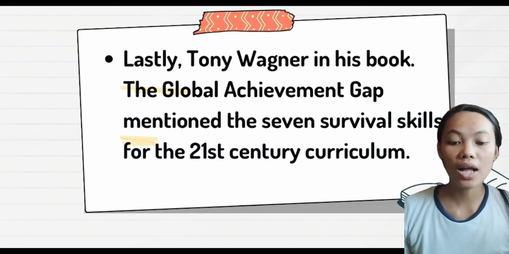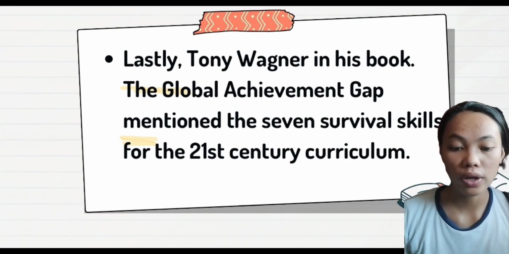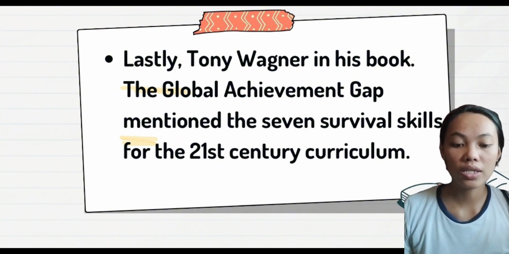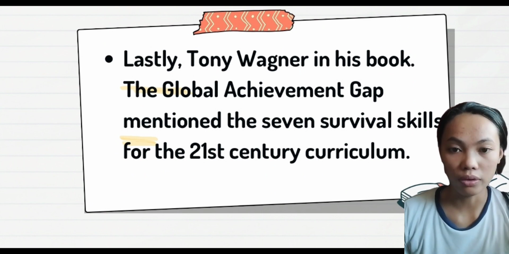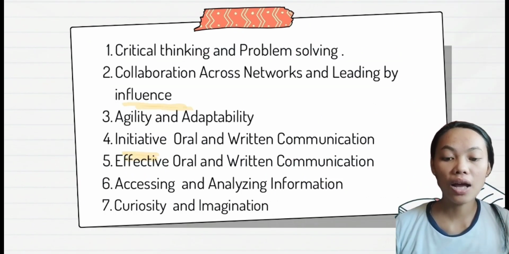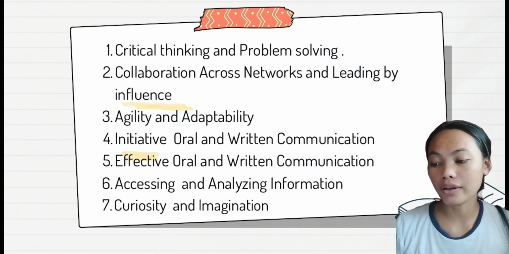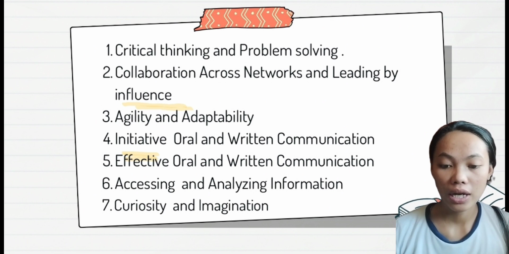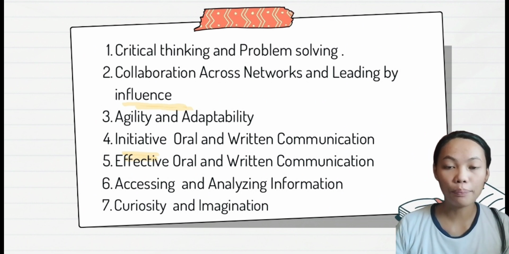So, the next slide is, lastly, Tony Wagner and his book. In his book, The Global Achievement Gap, he mentioned the seven survival skills for the 21st century curriculum. So the first is critical thinking and problem solving.